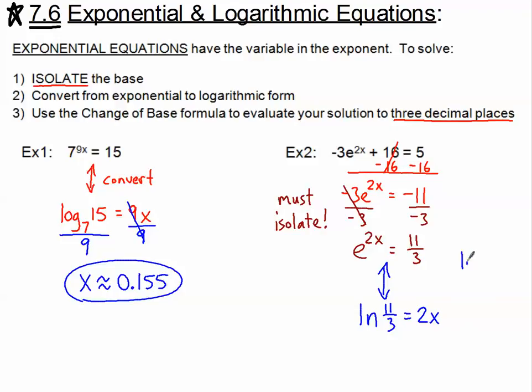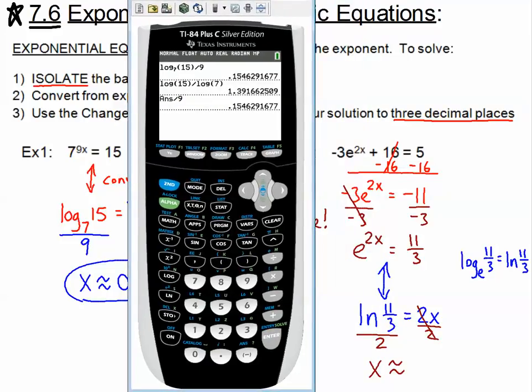Remember, when you have log base e of something, of 11/3, that's equal to the natural log of 11/3. So I'm just using my natural log symbol. Again, this is just some number that the calculator will deal with, and then I will divide by 2 to solve for x. And I'm going to have x is approximately, now I need to plug this into my calculator, and let's see what we get.